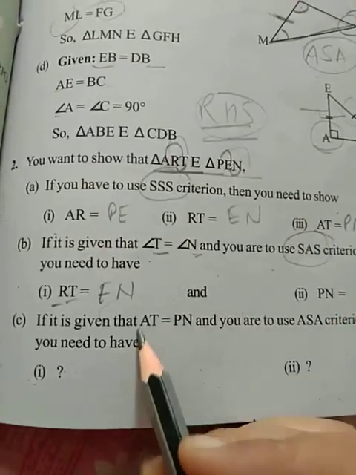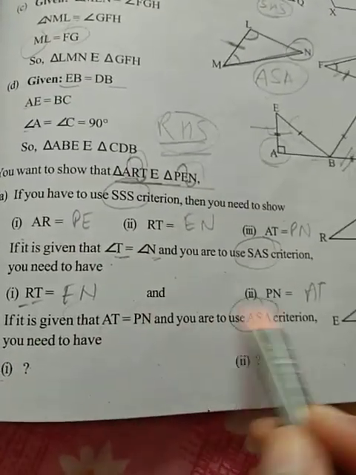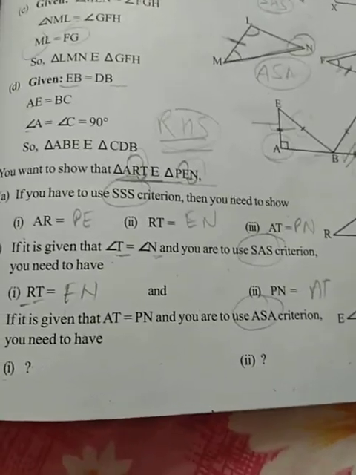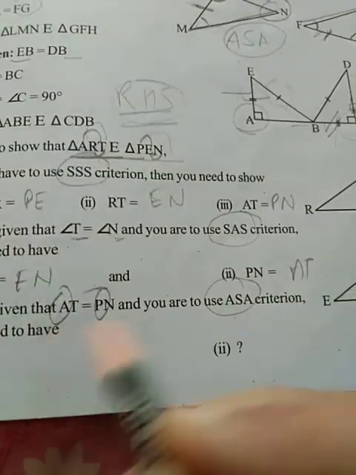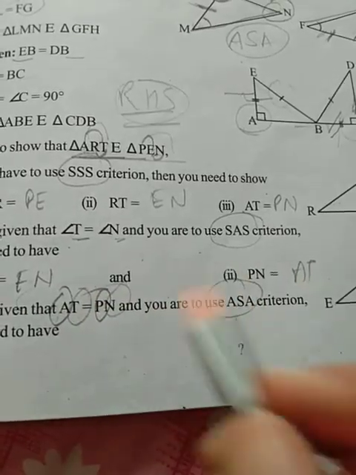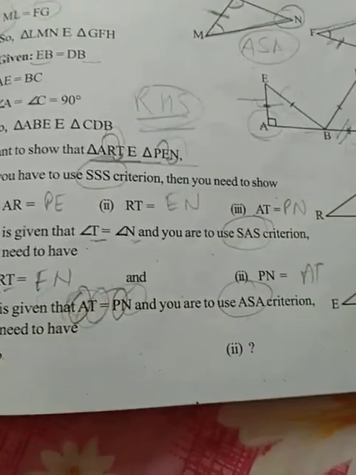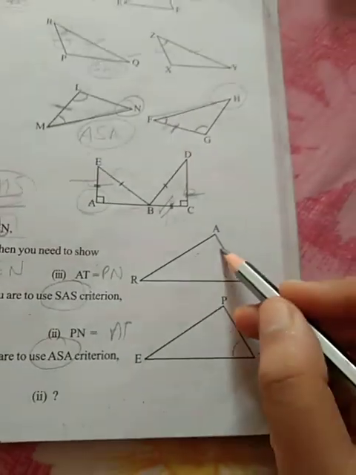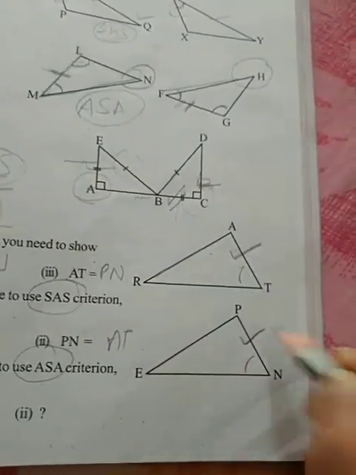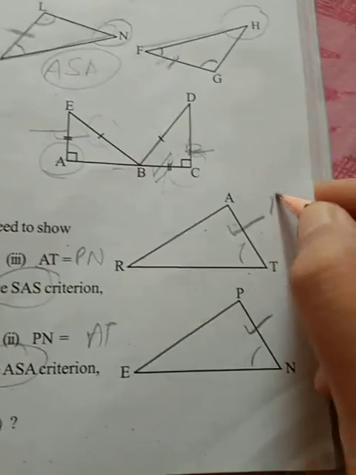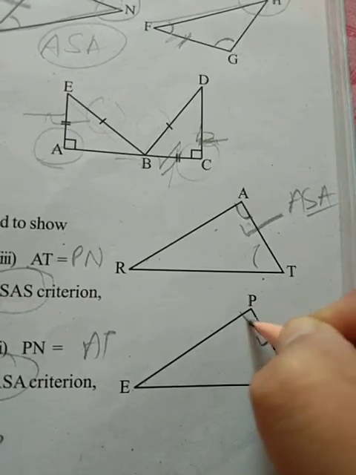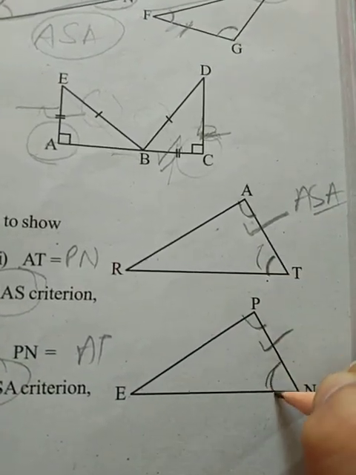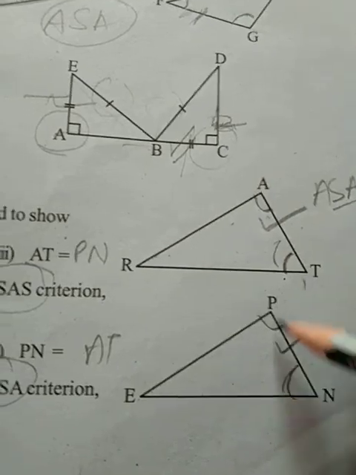Here also you can write, if ASA criteria you have to use, then one side is given equal, AT equals PN. Obviously when angle A equals angle P and angle T equals angle N, then the middle side will be AT. See here, AT equals PN given. So if you have to apply the ASA rule, then this angle must be equal with this, and this angle must be equal with this, because AT equals PN given.